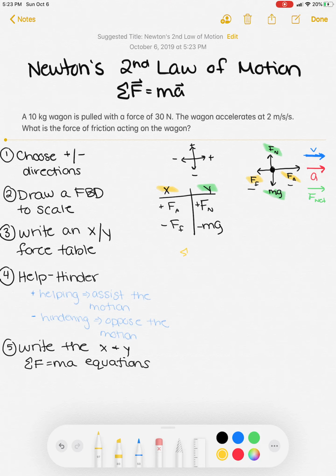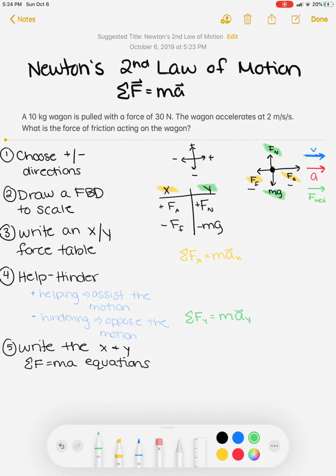They are always separate. So we are going to have a net force in the x direction equal to the mass of the object times the acceleration in the x direction. And we are also going to have a net force in the y direction equal to the mass of the object times the acceleration in the y direction.